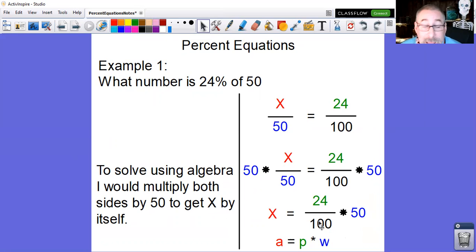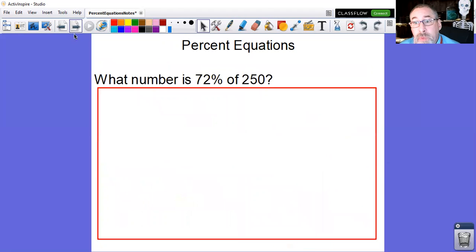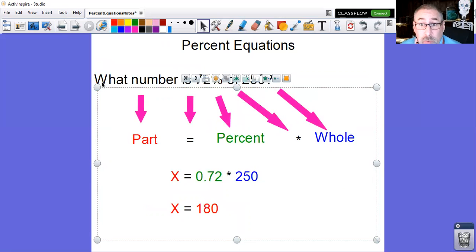So this is why we can use this sentence format or this equation, because it's just an algebraic manipulation of a proportion. Now to do these is quite quick and easy. The sentence tells us exactly what the parts are.